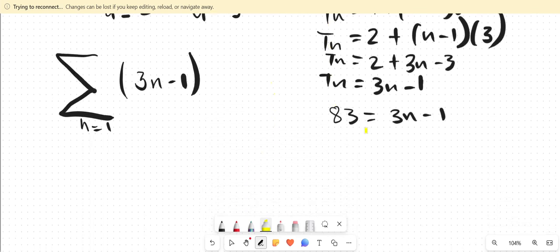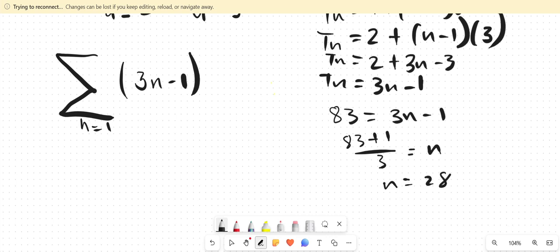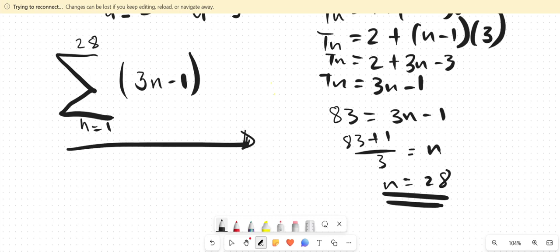So if that's my last term, I substitute 83 in there and I solve. 83 plus 1 all divided by 3 will give me what n is, and n is actually equal to 28. So if that's 28, it tells me that now the last value would actually be 28. That's the last value that I'm going to substitute. So this is my sum sigma expression.